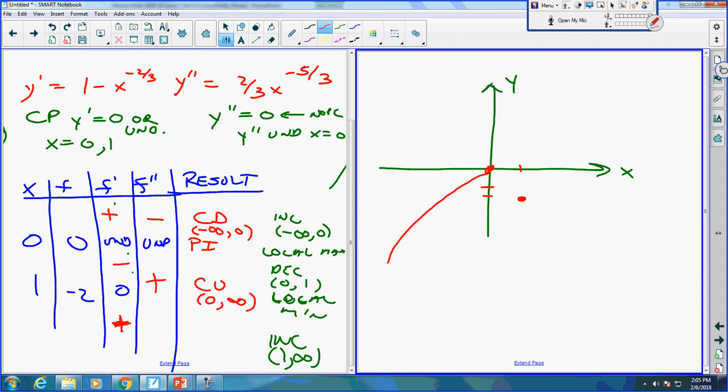The derivative is undefined, and it is then concave up. And it's 0 here. And then it stays concave up and increases. Everyone, it looks something like this. It has a bird at 0.